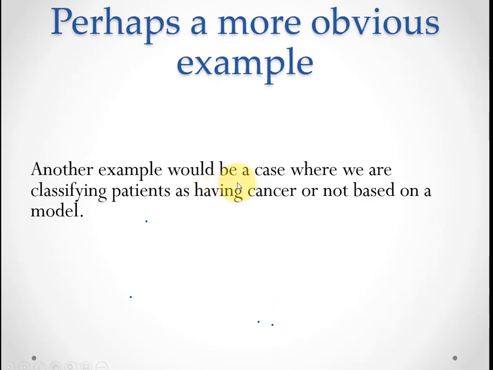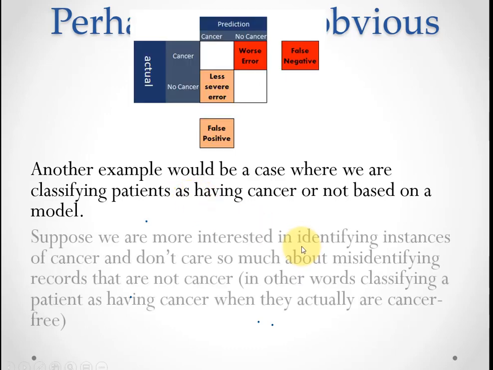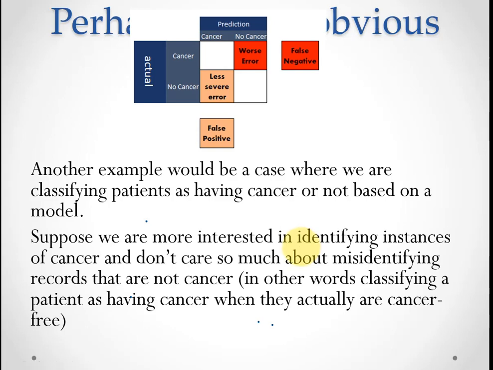Another example would be a case where we are classifying patients as having cancer or not based on some model that we have. Suppose we are more interested in identifying instances of cancer and don't care so much about misidentifying records that are not cancer. In other words, classifying a patient as having cancer when they actually are cancer-free.